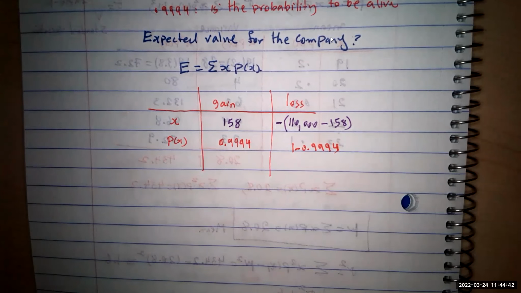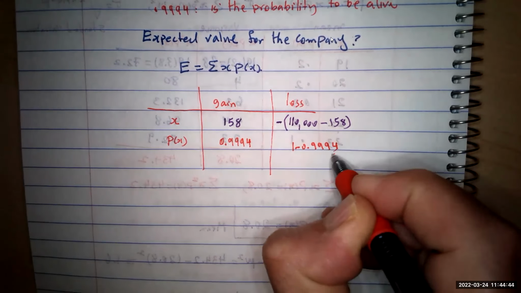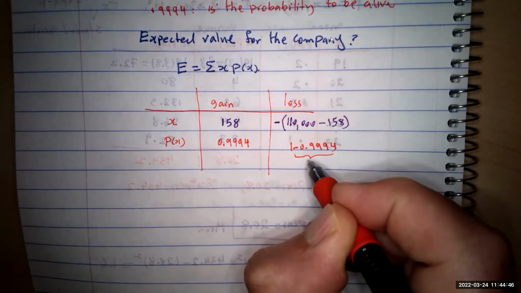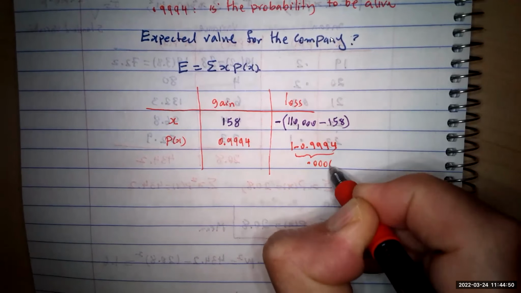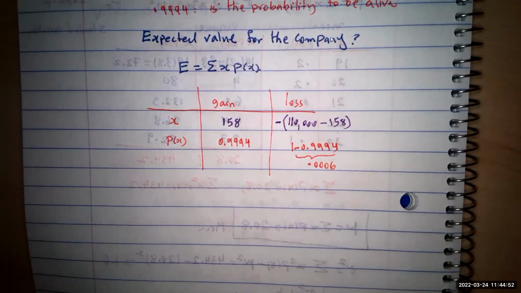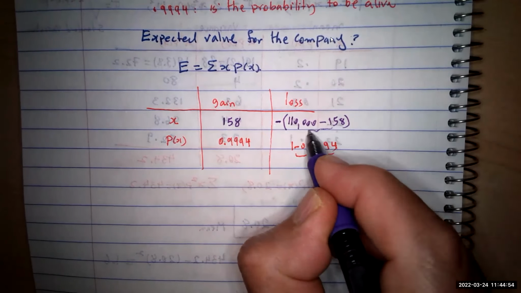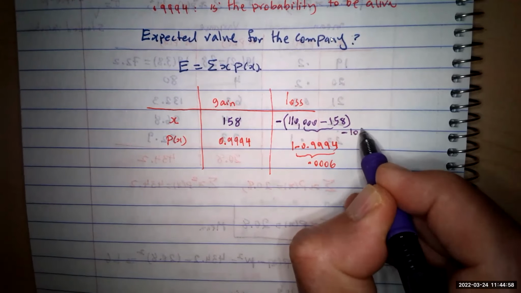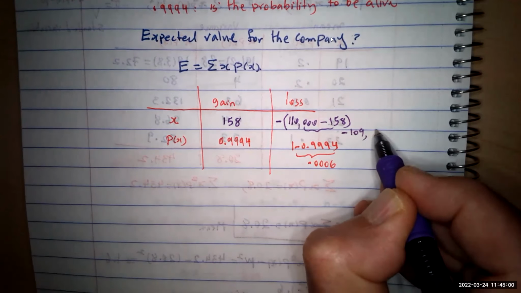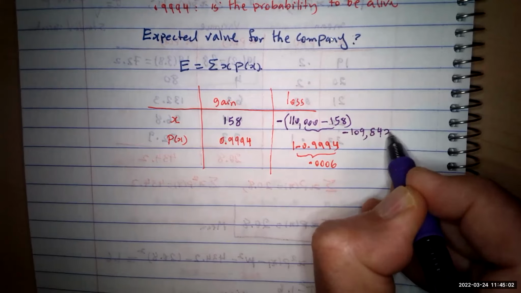So if you subtract it, that should give you 0.0006. And if you get this one, the number is going to be negative 109,842.